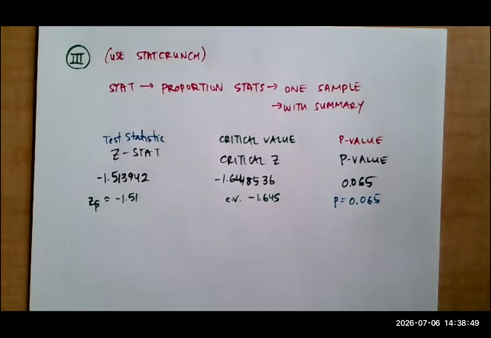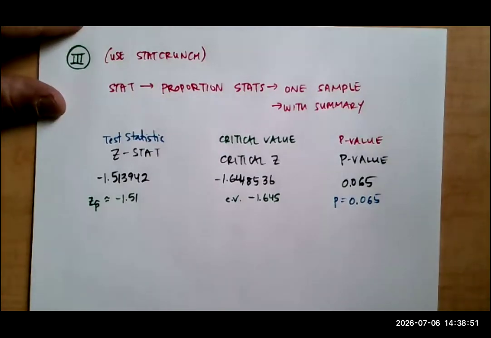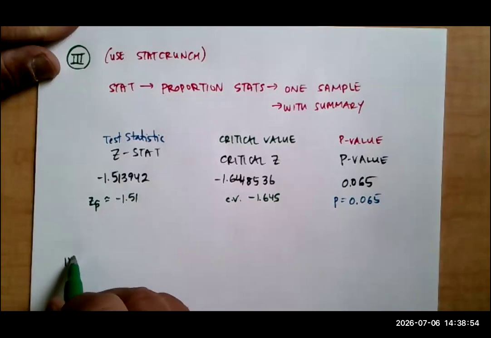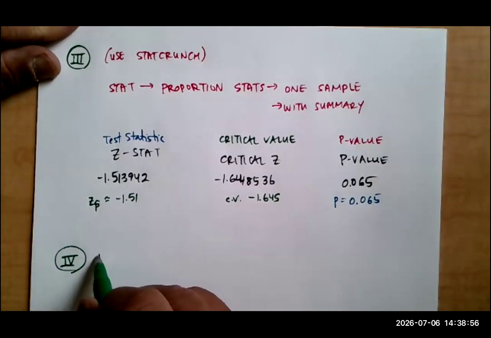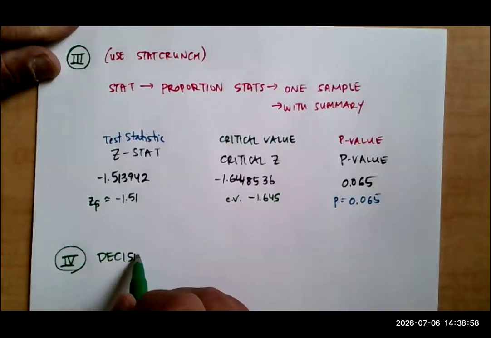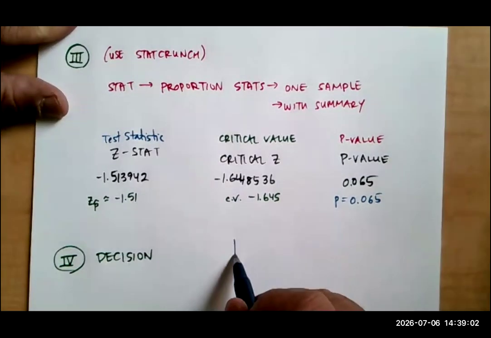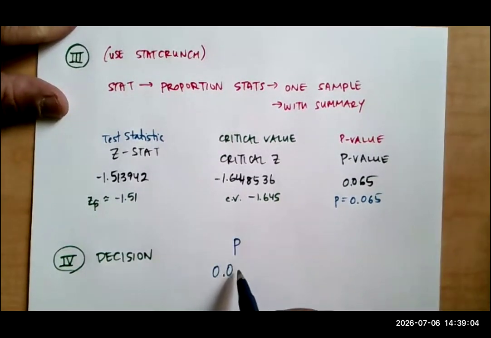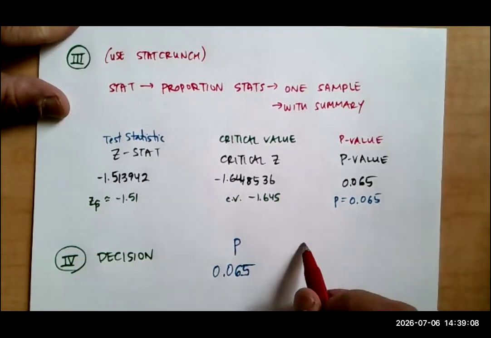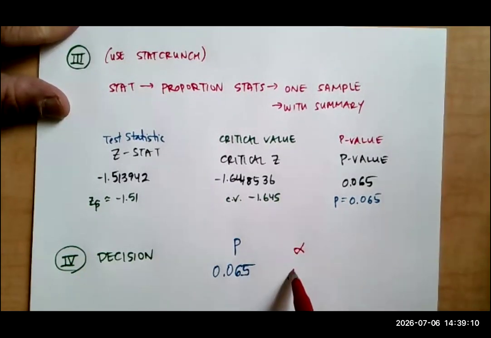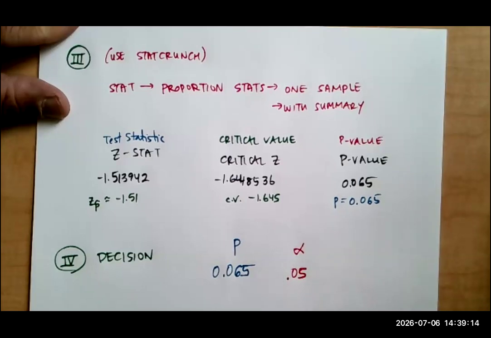Okay, and so when it comes to making our decision, step 4, looking at our p-value, looking at this value for alpha, that significance level, 0.05, we can put a 0 when we can.